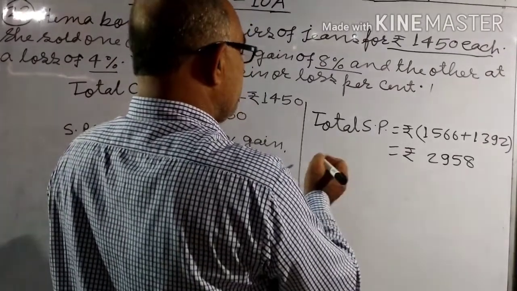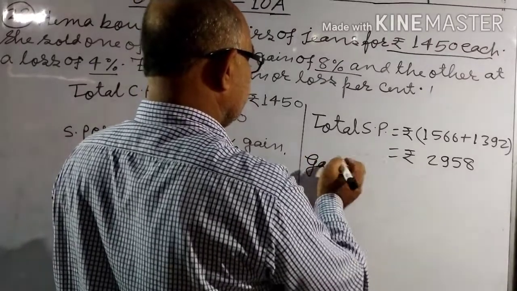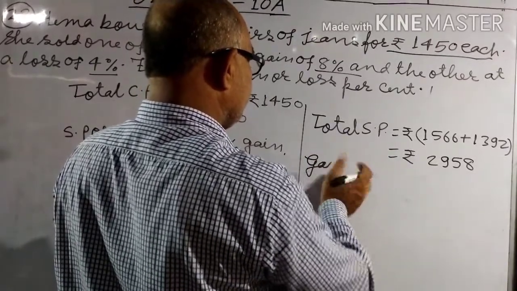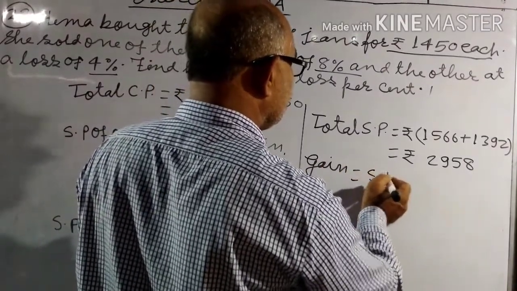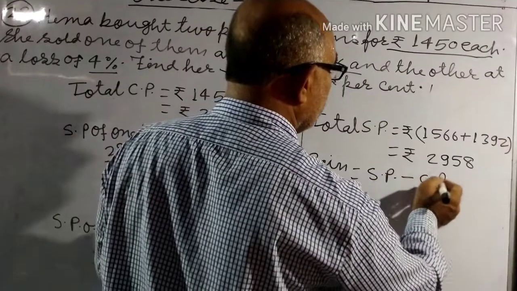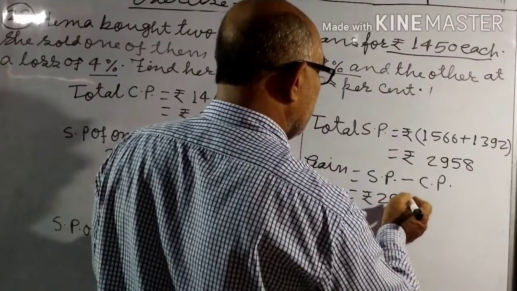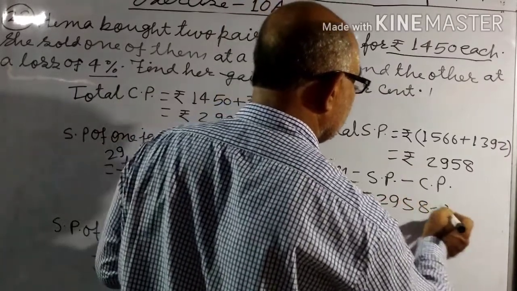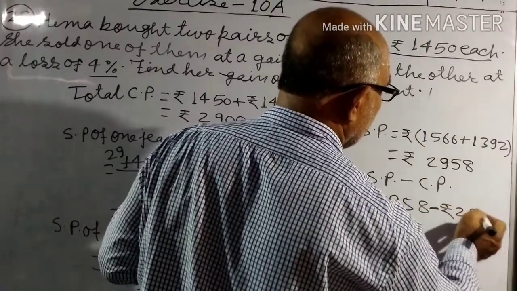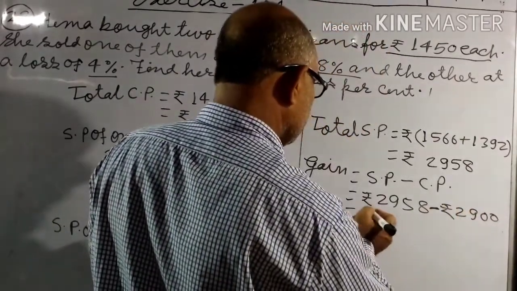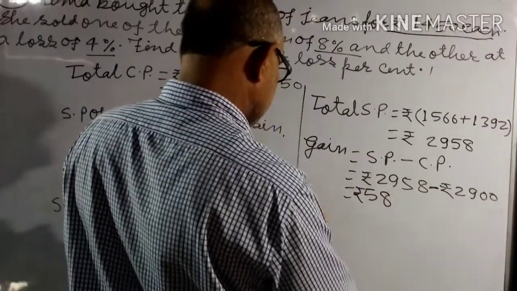Now SP and gain. Gain equals SP minus CP, 2958 minus 2900 equals rupees 58.